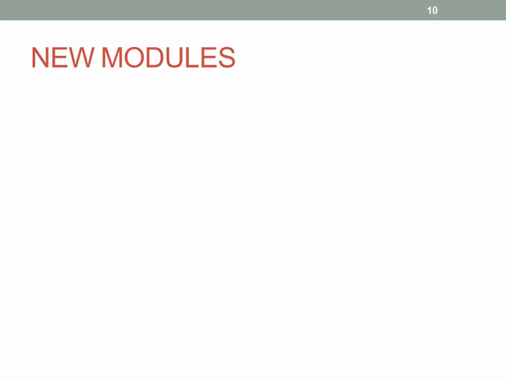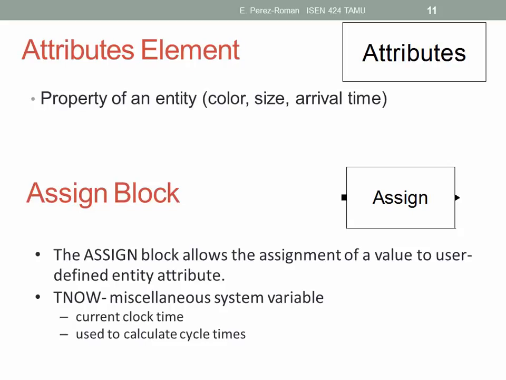Now, in terms of the new modules, we're going to start working today with the block called assign. And this assign talks about the assignment of values to user defined entity values. What this means is now we want to provide certain characteristics to each one of our entities.